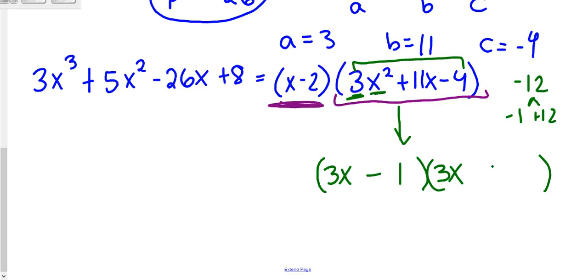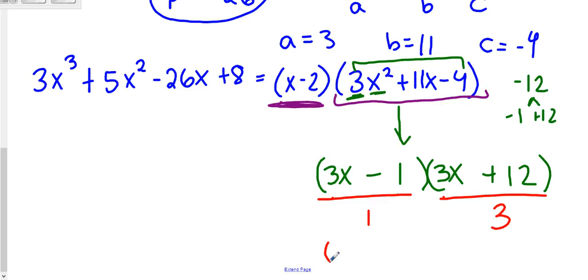So we have a negative 1, positive 12, and then don't forget your last step in fake factoring, dividing out whatever these numbers have in common. 3 and 1 only have 1 in common. 3 and 12 have 3 in common. So we have 3x minus 1 times, oh, we divided that out.